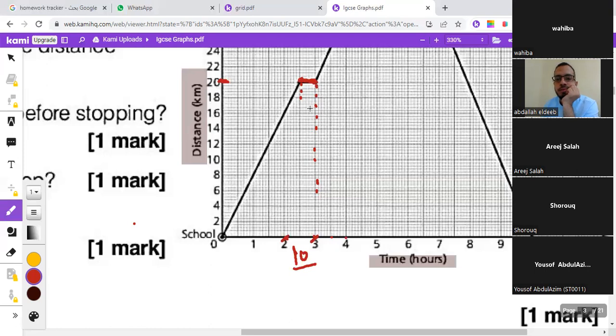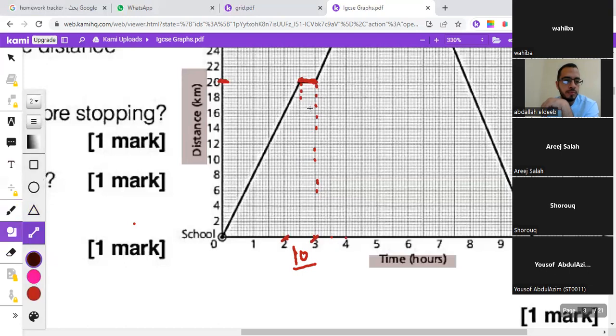Yes. If you see here, between 2 and 3, you can see the small lines between them are 10 lines.